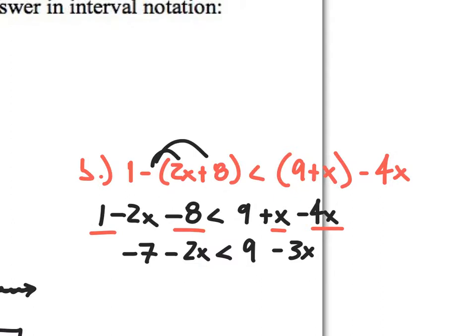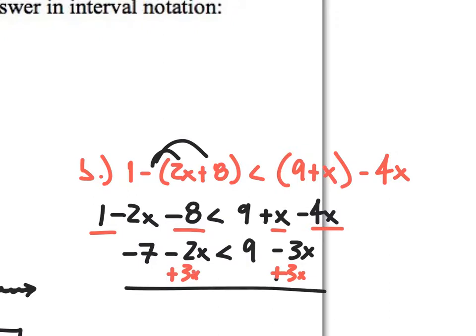For the next step, when I do these, I strategically do them so that I always get a positive coefficient in front of the x. So I'm going to add 3x to both sides.